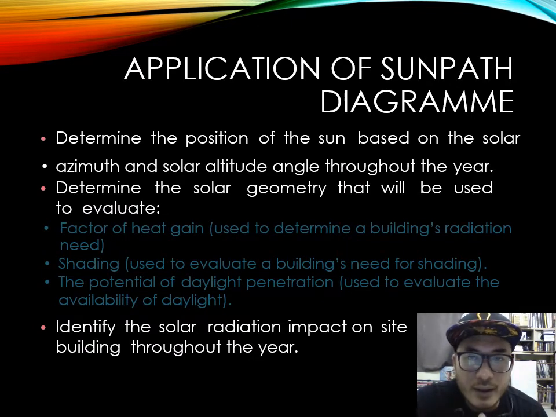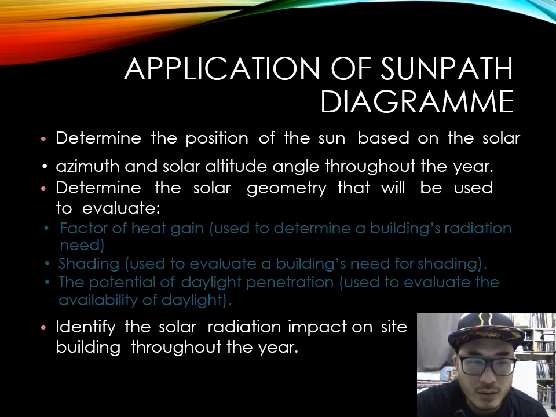How to apply this sun path diagram? The application is actually to determine the position of the sun based on the solar azimuth and solar altitude angle throughout the year. To determine the solar geometry that will be used to evaluate, number 1, factor of heat gain, used to determine a building's radiation need.